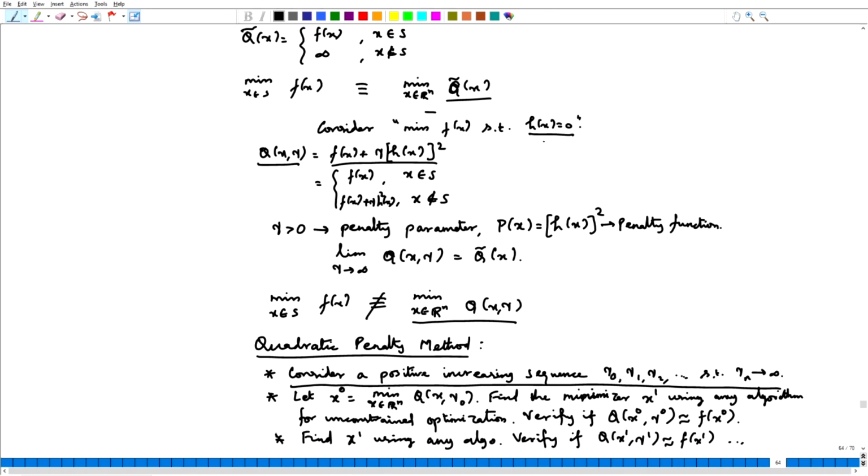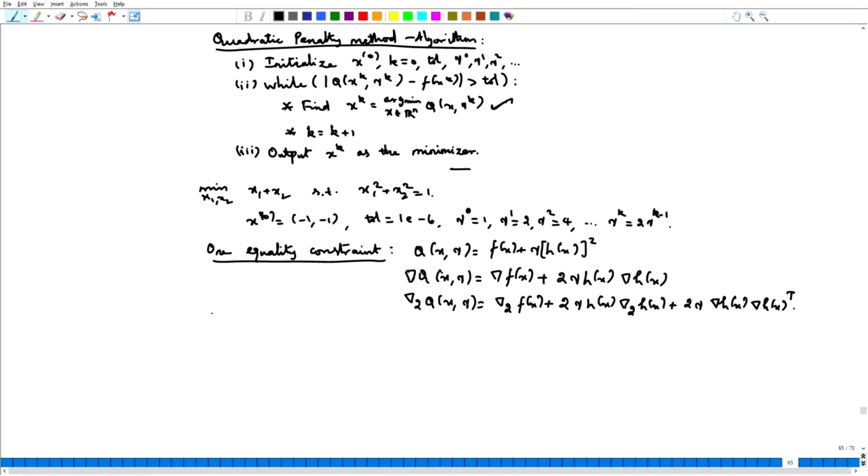When you had one equality constraint, you wrote it as f of x plus gamma into h of x the whole squared. When you have multiple equality constraints, we write it as f of x plus gamma into the summation of h j of x the whole squared, j equal to 1 to m.